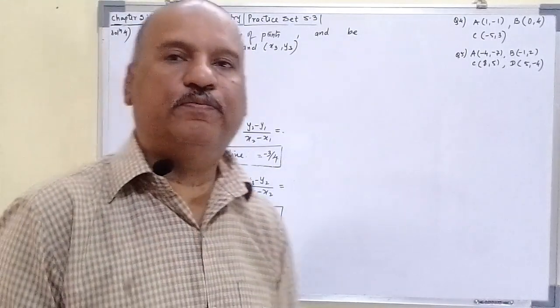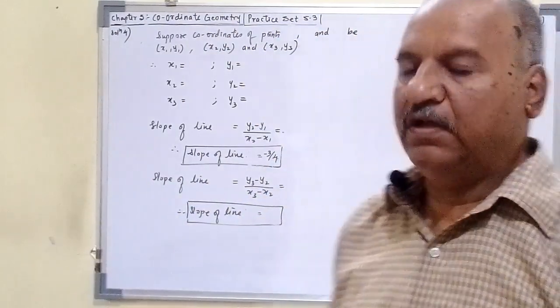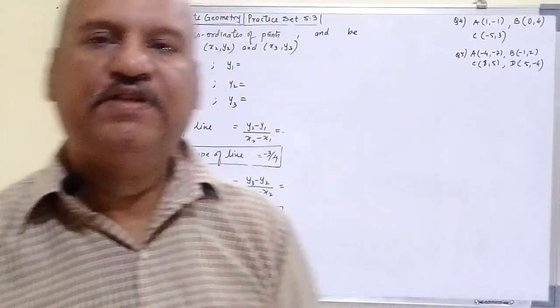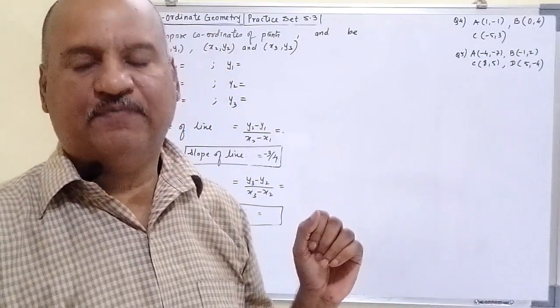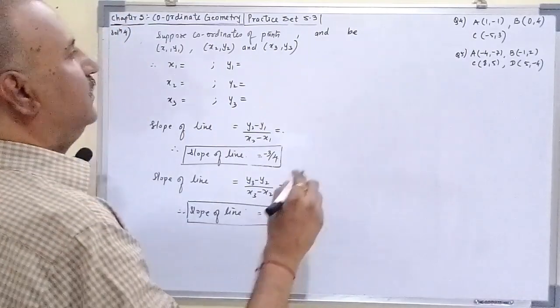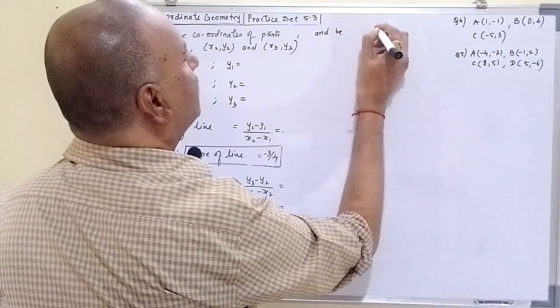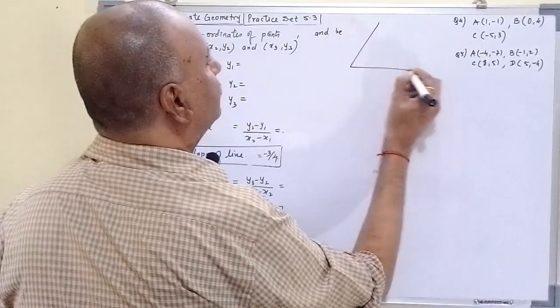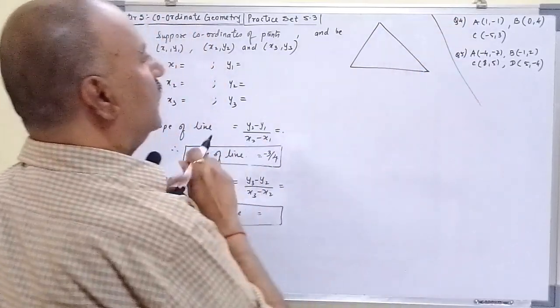Now go to question number 4 of practice set 5.3. What they have given us is a triangle and the 3 vertices of the triangle ABC. Suppose I draw this.